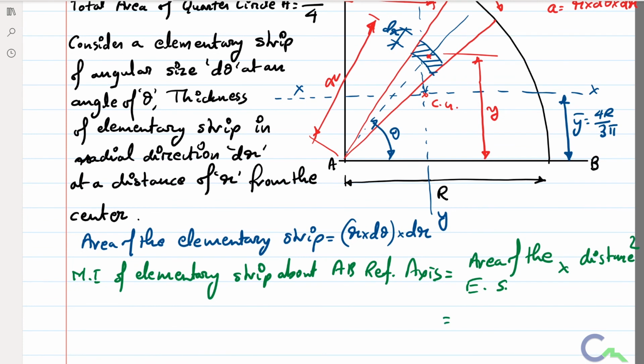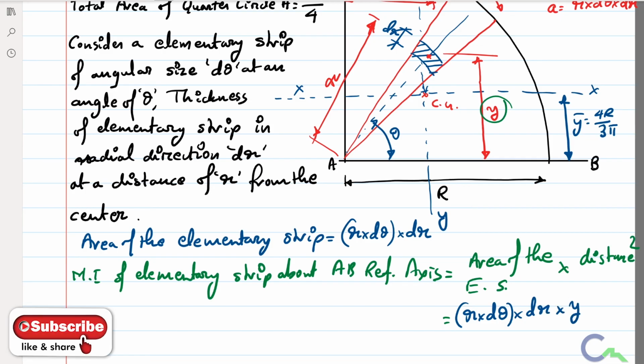The area of the elementary strip I just now calculated. The distance from the AB reference axis to the centroid of the elementary strip is y. So I can write r d theta dr into y squared.